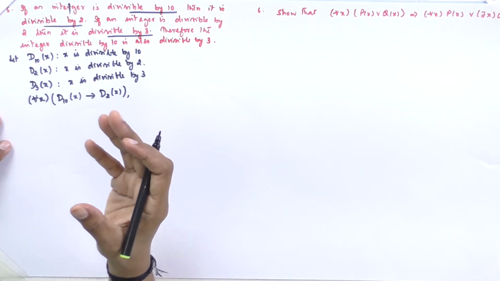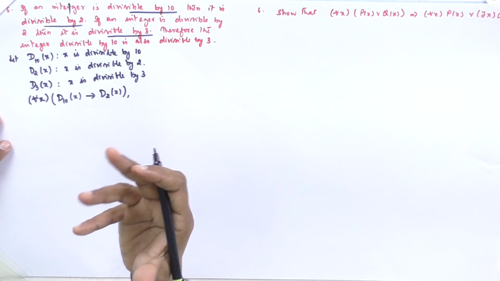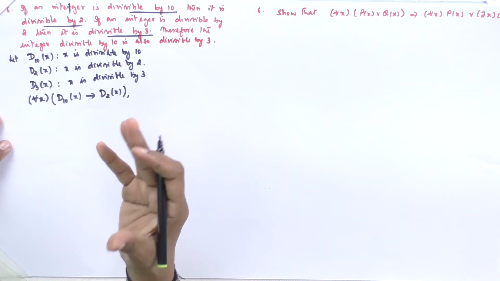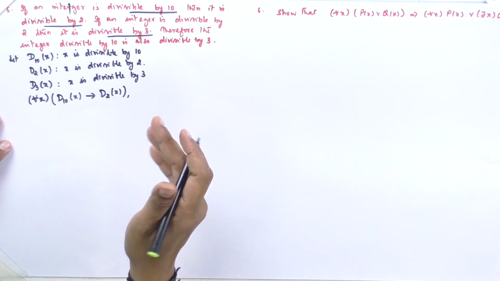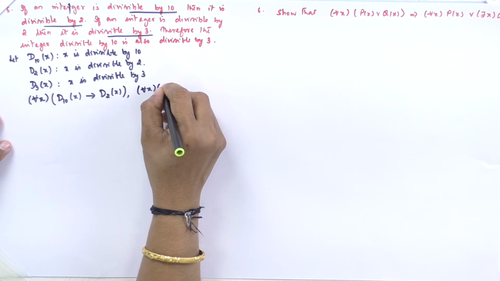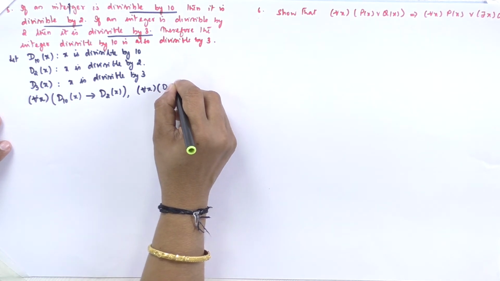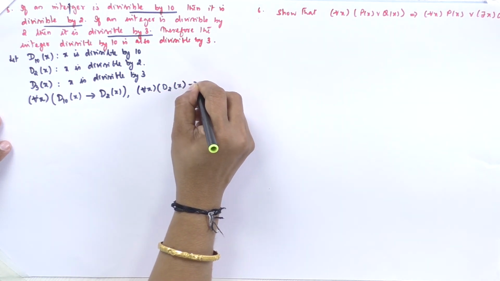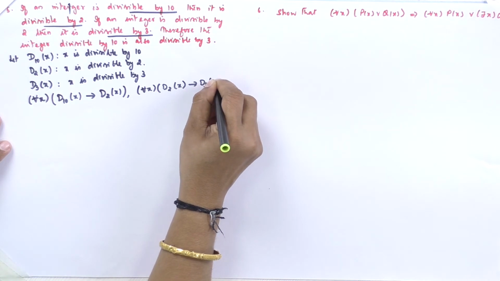Say for example, if 6 is divisible by 2, then it is also divisible by 3. So, if it is an integer which is divisible by 2, then it is divisible by 3.